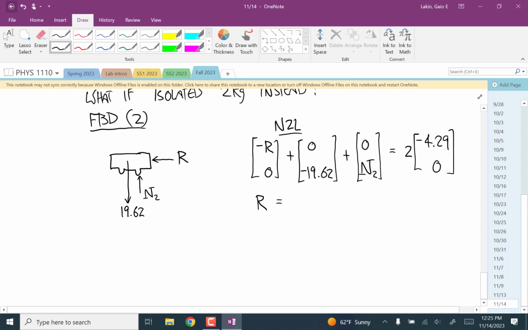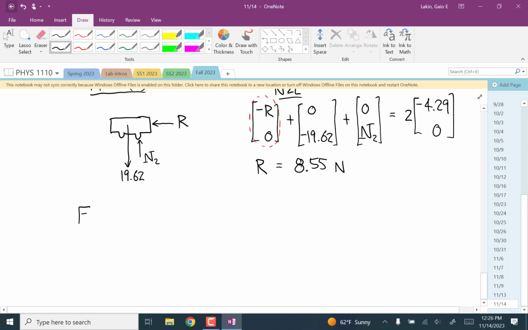I've rounded off a bunch of stuff, but let's pretend that it gives us 8.55. The way I have it written, it really gives 8.58. Then you plug it back into this to find the force on the 2 by the 5.